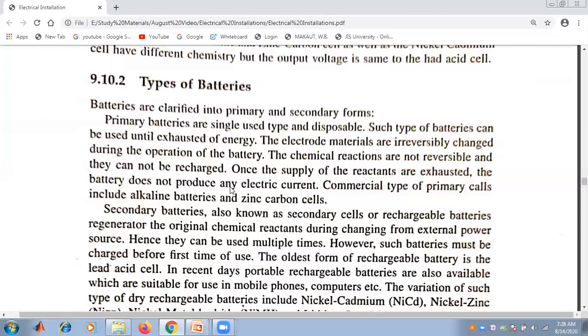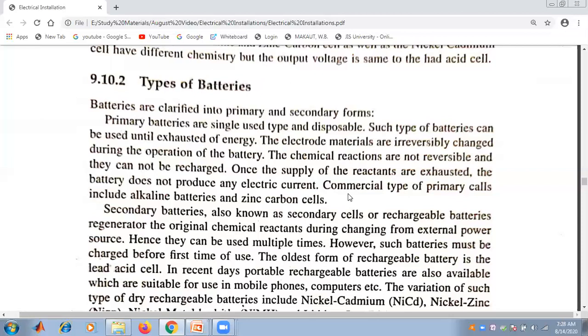Once the supply of the reactants is exhausted, the battery doesn't produce any electric current. Commercial types of primary cells include alkaline batteries and zinc carbon cells. This is the general conception of primary batteries.